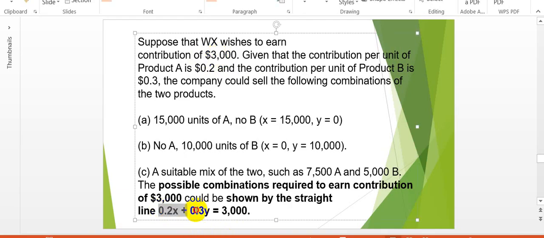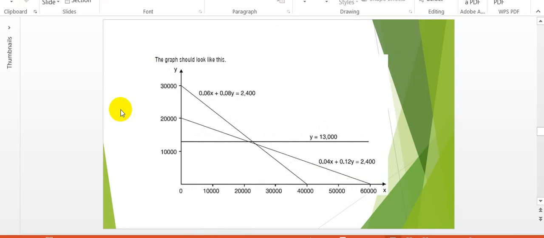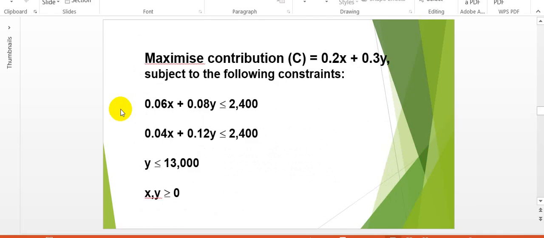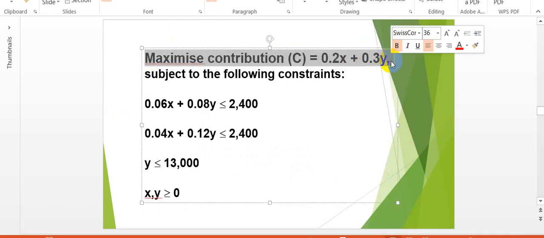Our objective function is that, which you remember from our formula.